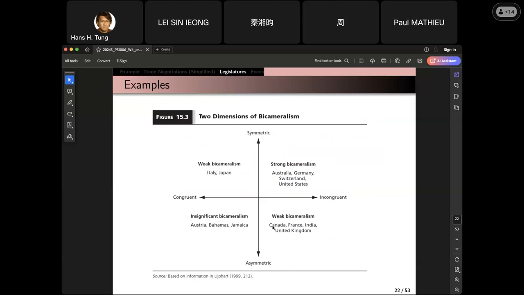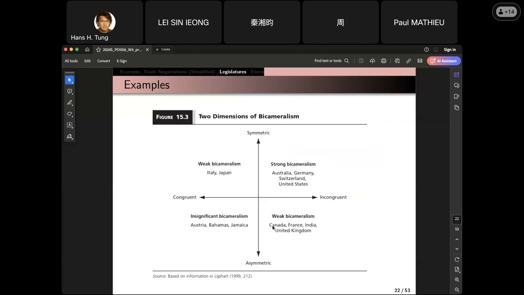And then you have the other direction of the diagonal, insignificant bicameralism. These are congruent, but asymmetric. So Austria, Bahamas, Jamaica. I don't know if anyone studies Jamaica's political system. Anyway, they have two chambers, but they are congruent. In other words, the composition is very similar, but they're also asymmetric.